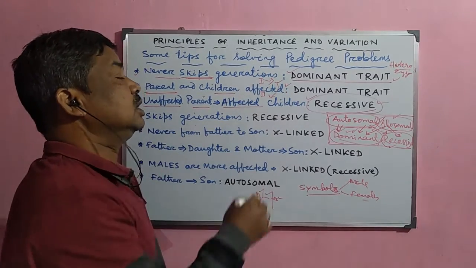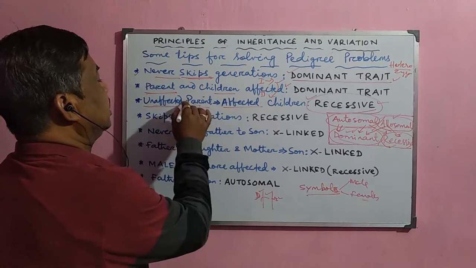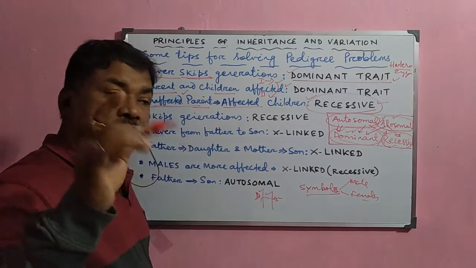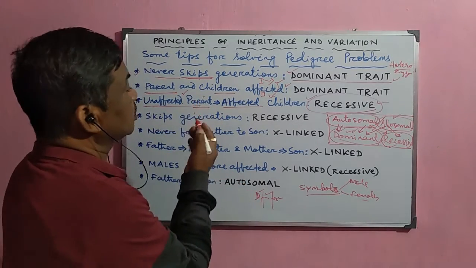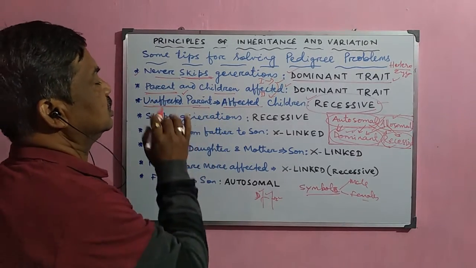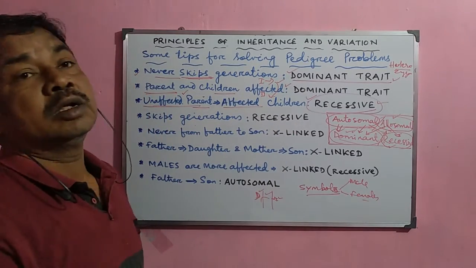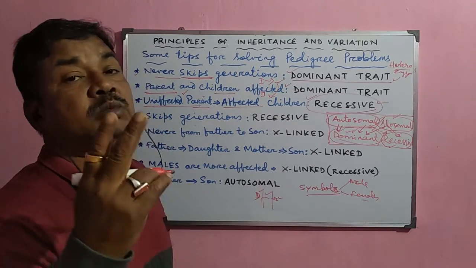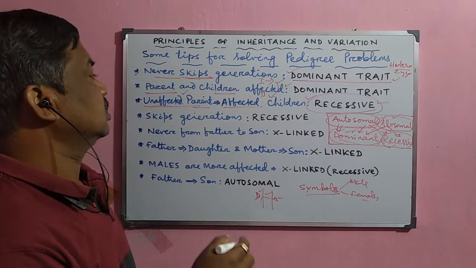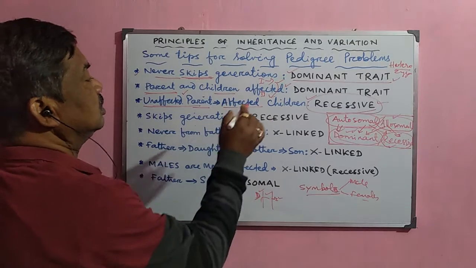So if either or both parents are carriers, there is no expression of that gene and no disease. But when it is passed to the next generation, two recessive genes come together and it is expressed, in both males and females.